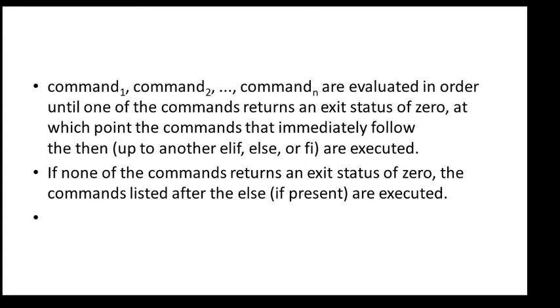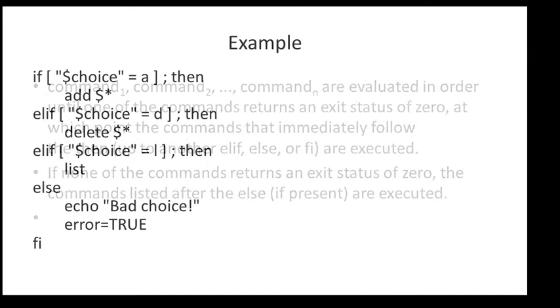Command 1, 2, 3, and so on up to command n are evaluated in order until one of the commands returns an exit status of 0, at which point the commands that immediately follow the then are executed. If none of the commands return an exit status of 0, the commands listed after the else are executed.